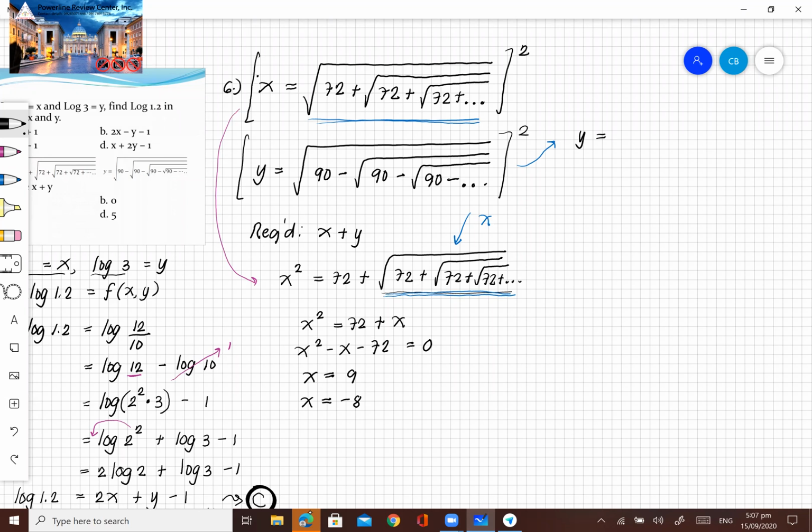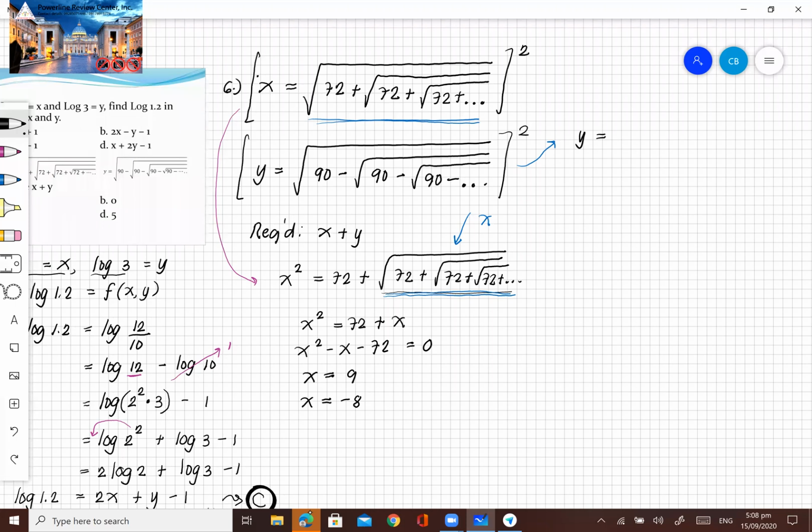Yeah, in terms of factor, so the factor of x squared minus x minus 72, so that is x minus 9 and x plus 8, which is equal to 0. So if you get the roots equated to 0, so you have x is positive 9, then x is negative 8. So 9 times 8 is 72.